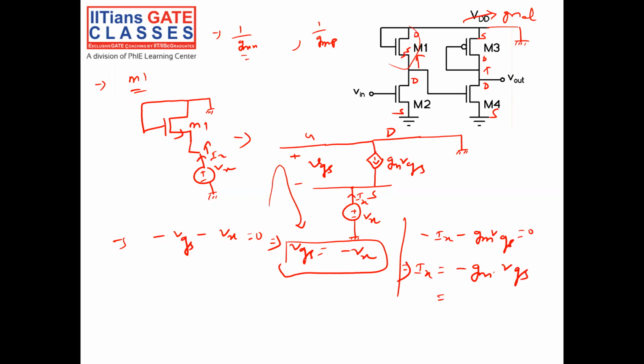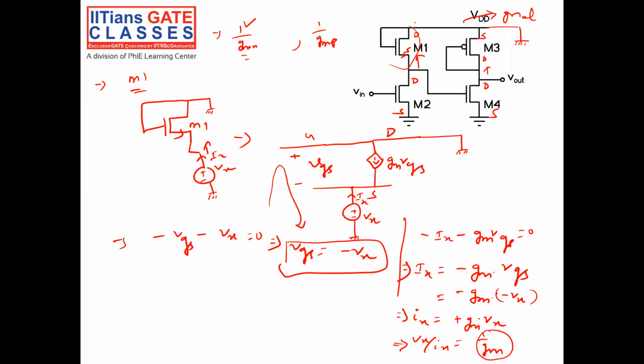We know VGS is equal to minus Vx, so minus gm into minus Vx. So this implies my Ix is equal to plus gm into Vx. This implies Vx by Ix, my resistance looking from the source, is equal to 1 by gm. Directly I said 1 by gm, but now I have proved for you how it comes.